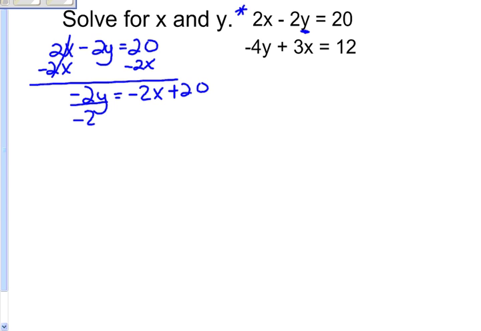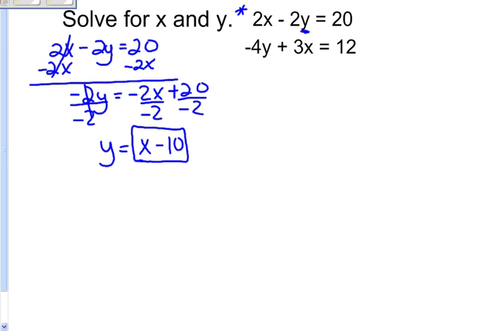Divide everything by -2. And we end up with y equals, -2 divided by -2 would just be 1x or x. And then 20 divided by -2 would be -10. So we now have y by itself, and so y is equal to x minus 10.